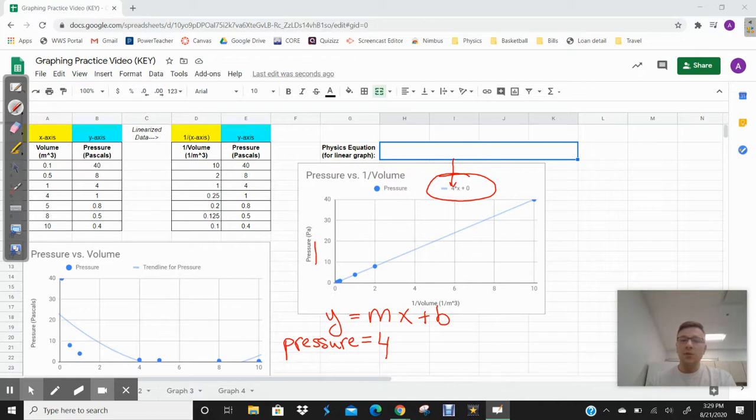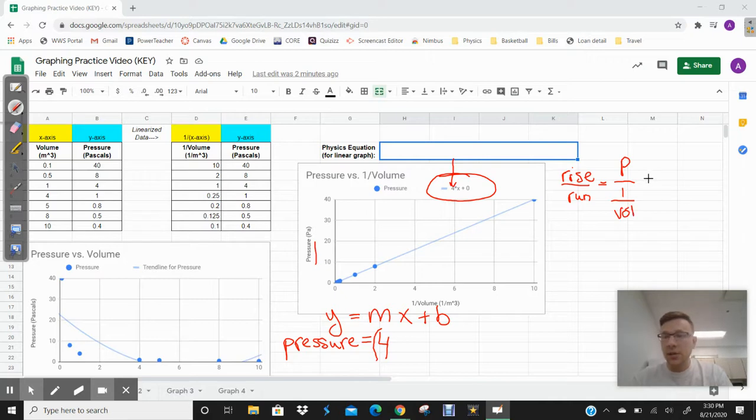Now, the key here is getting the units, okay? I did this in the physics equation tutorial, but I like to write out rise over run, okay? And then we know that pressure, so I'm going to put a capital P up here for pressure, divided by 1 over volume.